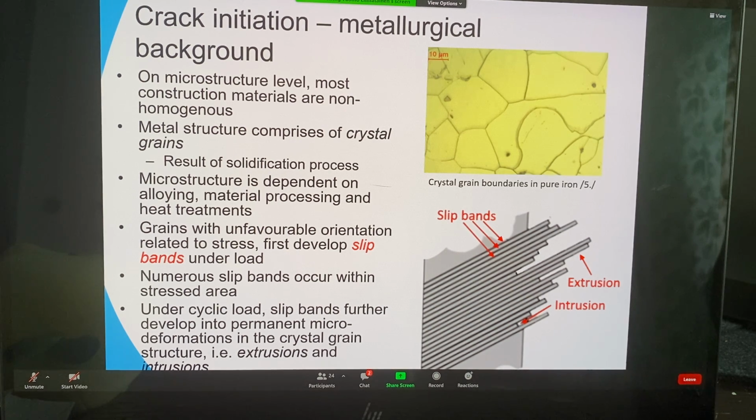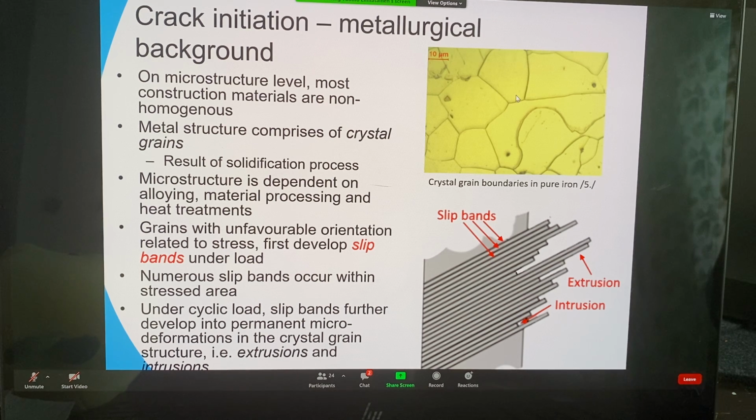But what is important about fatigue in this crystal grain structure is that these grains all have grain boundaries, and related to the stress, there are always some grain boundaries which are unfavorable in relation to the stress in the material.